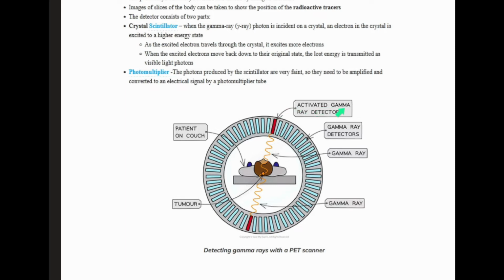The activated gamma ray detector is basically the detector that is exposed to gamma ray, as you can see here. So it is called activated gamma ray detector.